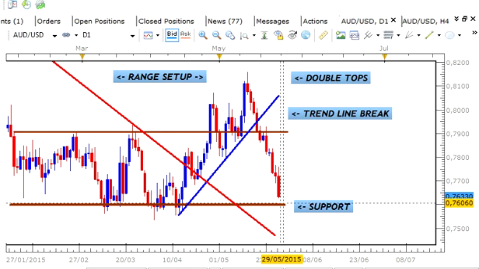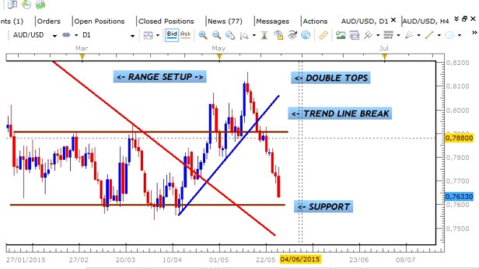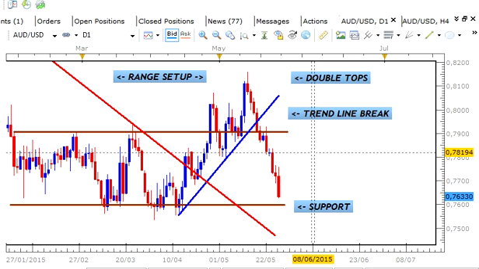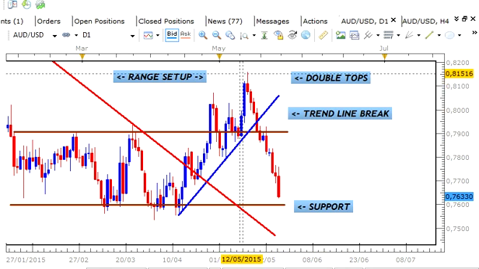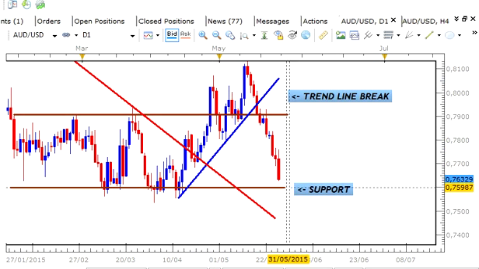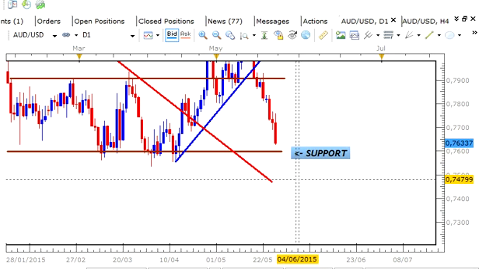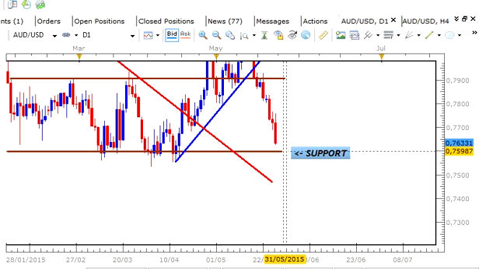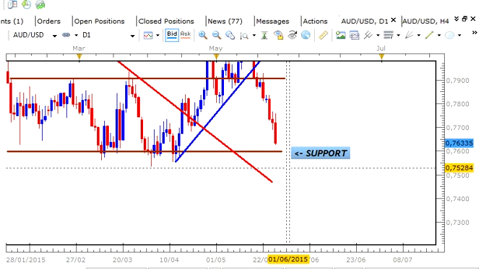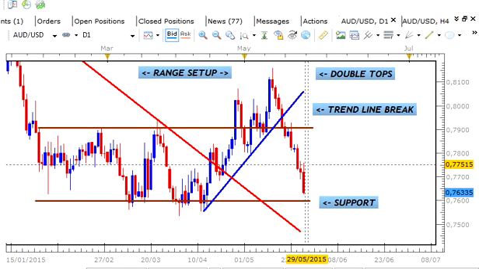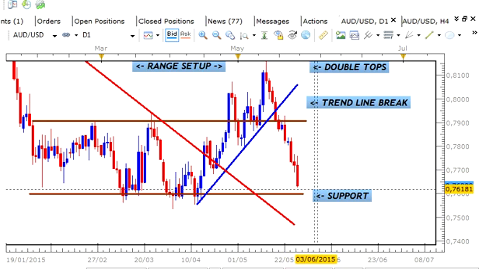Once the boundary of support is hit, the market could continue to move within the range, rallying at support as it continues to move within the boundary. However, what normally takes place with sharp and strong false breakouts such as these is that the market may take a break at the support area here, but eventually break out in the opposite direction, breaking this boundary here to continue this movement. So this is the more likely scenario.